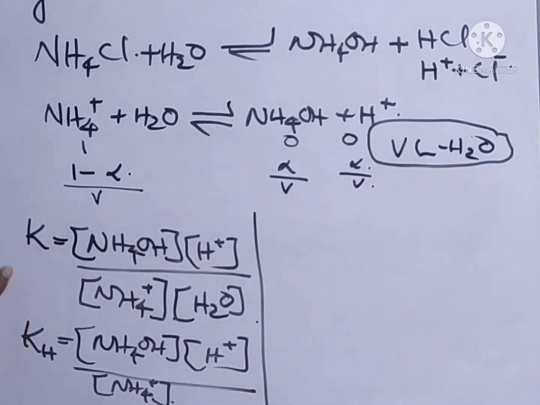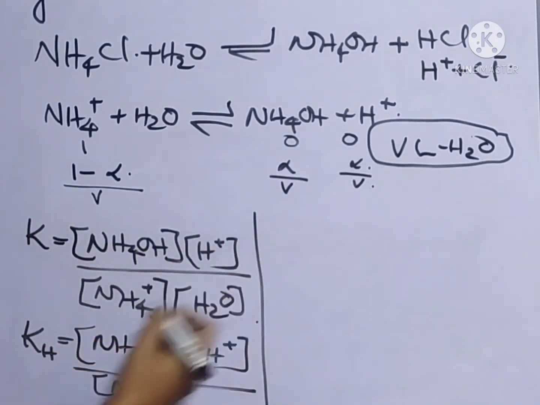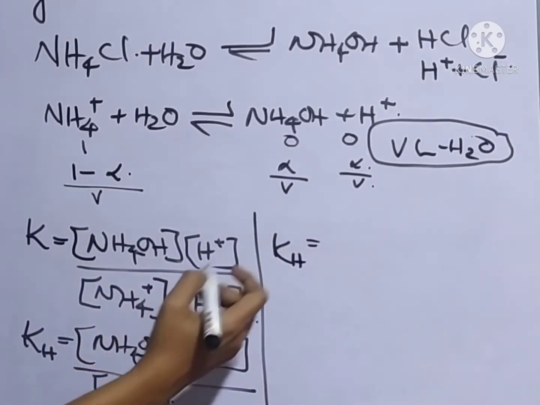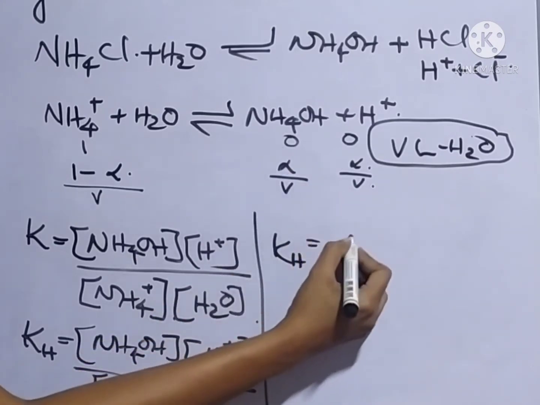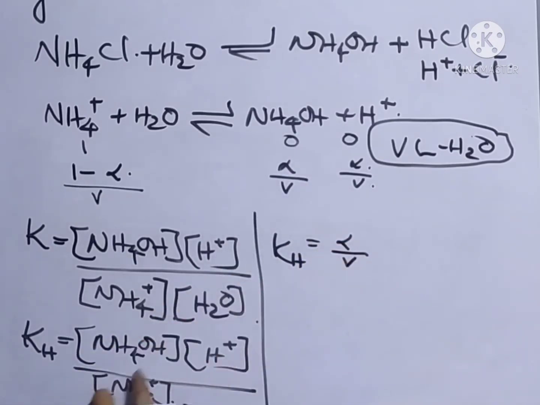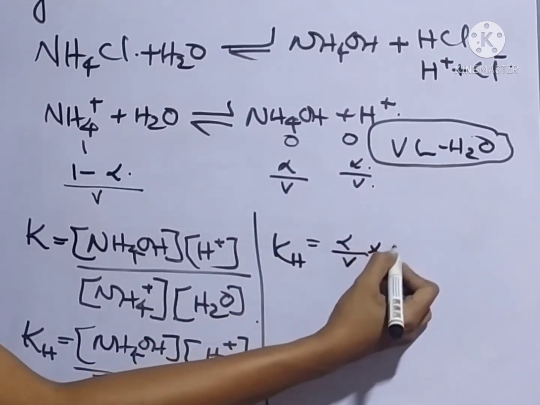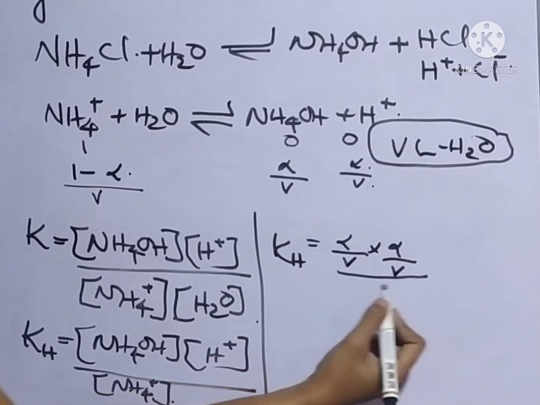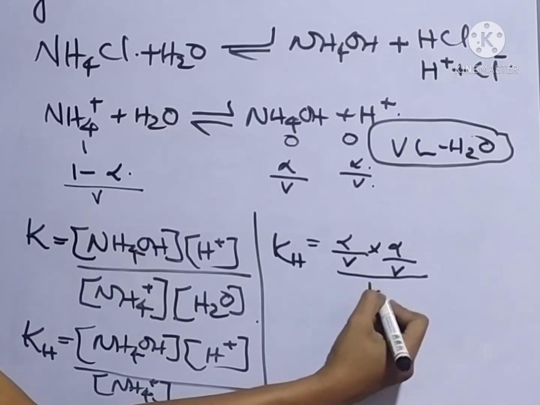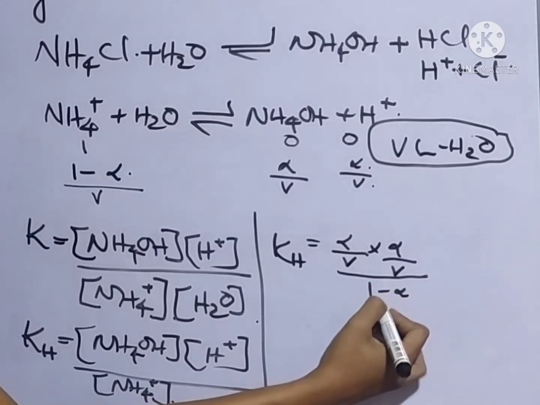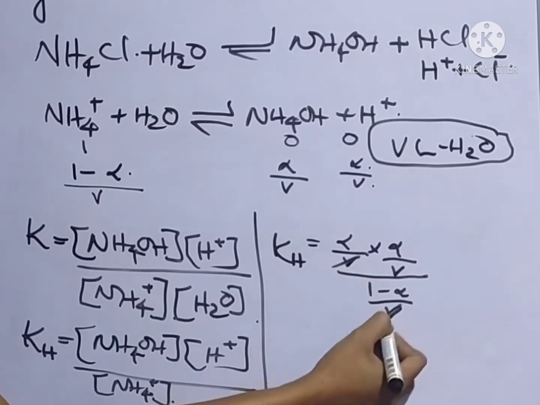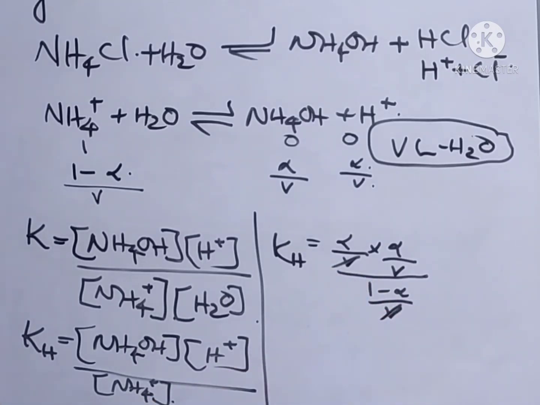So KH equals the concentration of NH4OH, alpha by V, times H+, also alpha by V, divided by 1 minus alpha divided by V. The V and V terms will be cancelled.